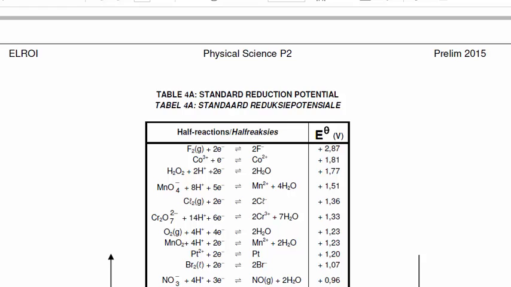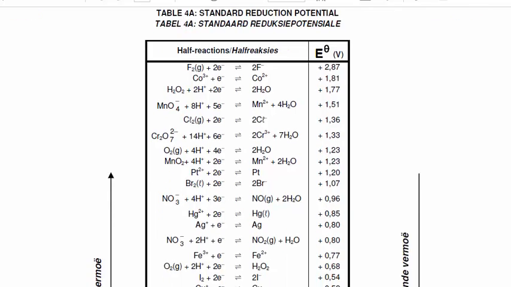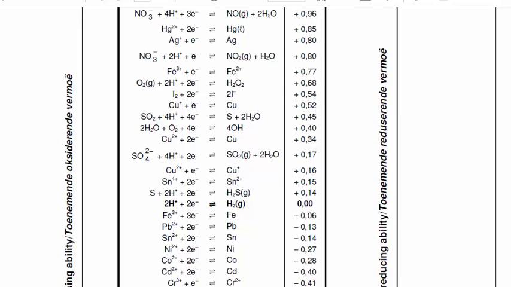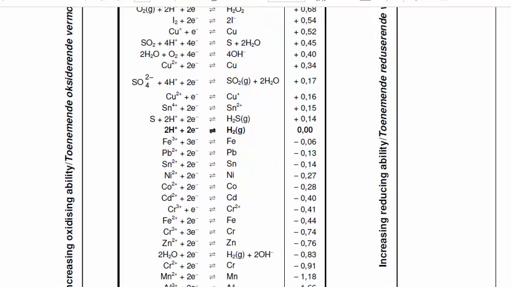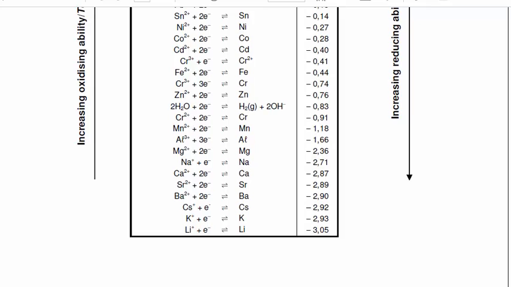We look for iron. The one that is higher is more likely to get electrons from the other one. Okay, so let's see Pb and iron. So there's iron. Iron has 3 electrons that he's going to give away or get. Do we see lead?